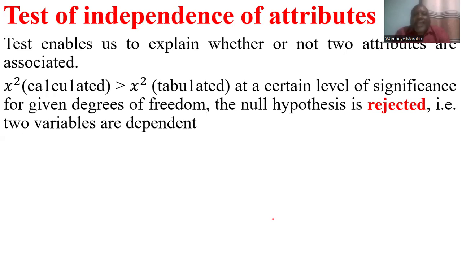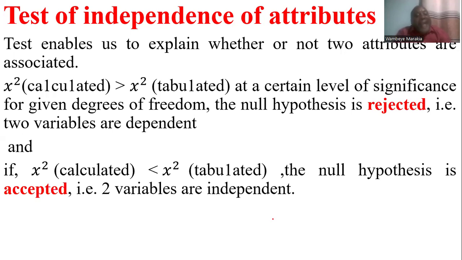When we reject the null hypothesis, it means that the two variables are dependent. And if the chi-square calculated is less than the tabulated chi-square, or what we call the critical value from the table, then the null hypothesis is accepted, and then we say that the two variables are independent. We will see how to apply these principles later in our calculation.